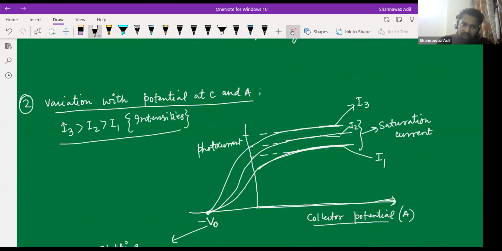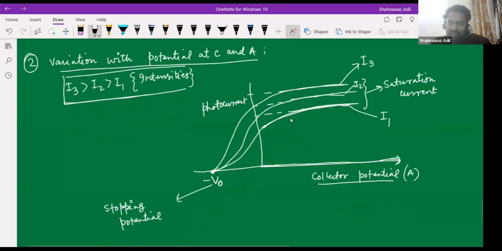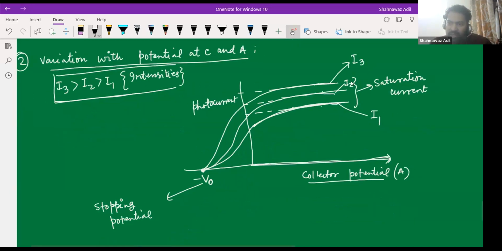So now you guys can tell me from this graph what is the thing which is depending upon intensity and what is the thing which is not depending upon the intensity? From this graph, can you guys tell me what is dependent upon intensity and what is not dependent upon intensity?